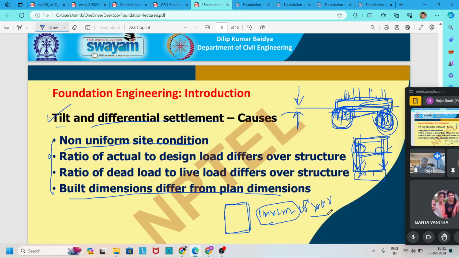So it is not safe for our design purpose, because we designed for a 1 meter by 1 meter foundation, but the worker built 0.8 meter by 0.8 meter. So there may be risks in adjusting the load which is coming from the structure. So there may be a possibility of failure of the structure.